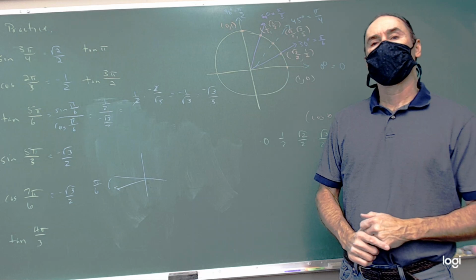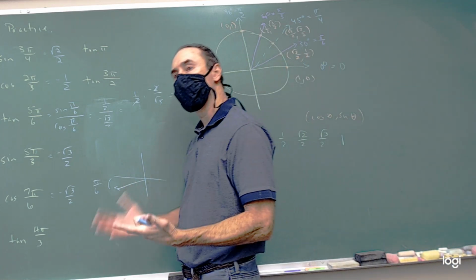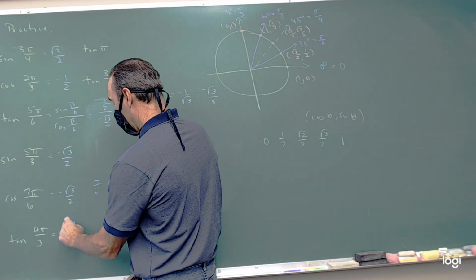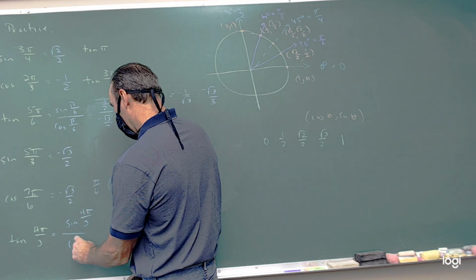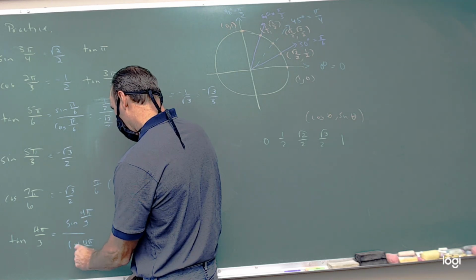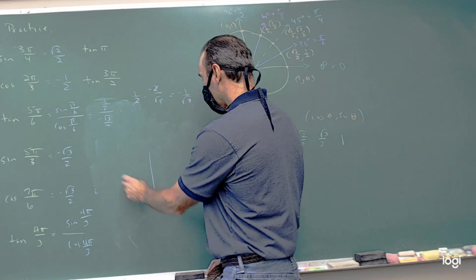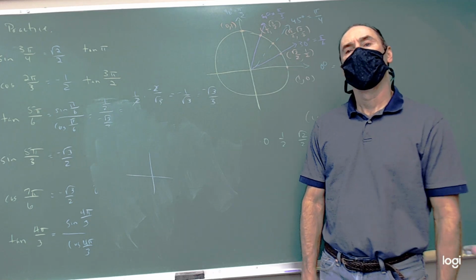Emily, you ready to give us a shot for tangent of 4 pi over 3? So first tangent is going to be what? Sine over cosine. Good. And now let's see if we can figure out where 4 pi over 3 is. Third quadrant? Very good.